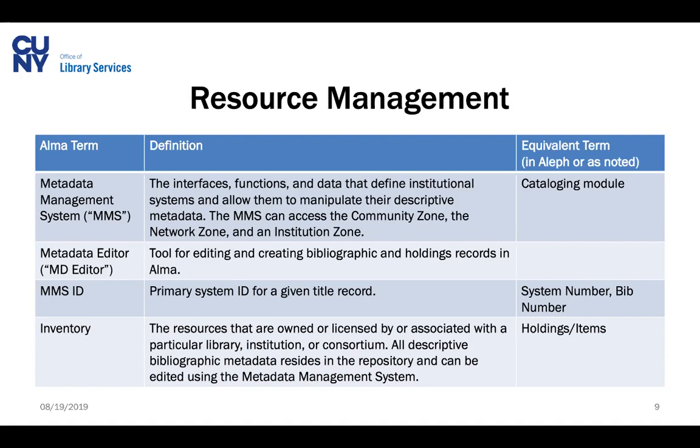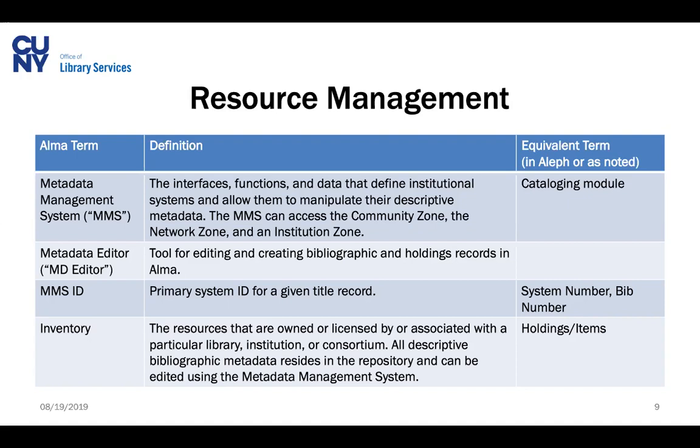So the next term is metadata editor. It's very straightforward. It's the tool used for editing and creating bibliographic and holdings data in Alma. Unlike the Aleph system, when we open the cataloging module and open a record, we can begin to edit the data.